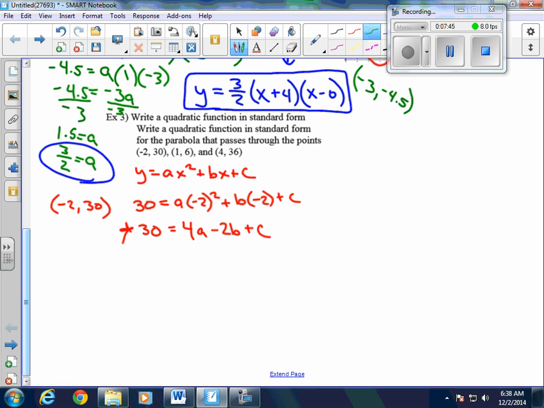So if we use the ordered pair 1, 6, we're going to do the same thing. Plug it into our standard equation, y equals ax squared plus bx plus c. We're going to go 6 equals a times 1 squared plus b times 1 plus c. So our equation is going to be 6 equals a plus b plus c.